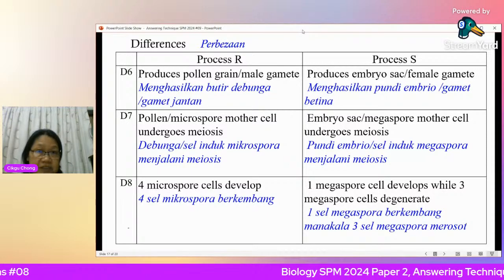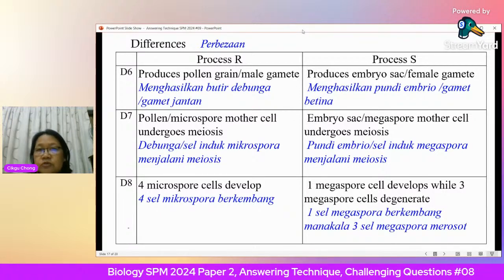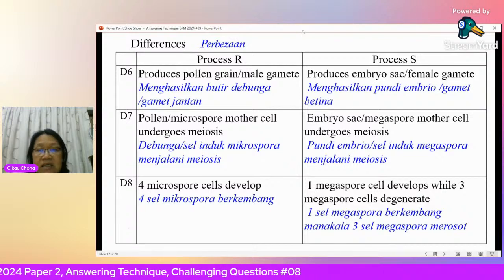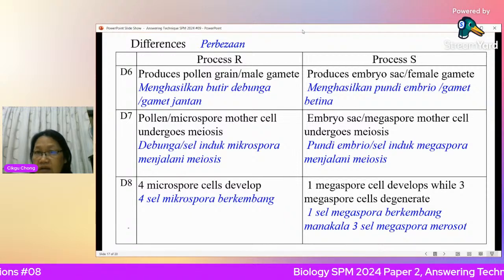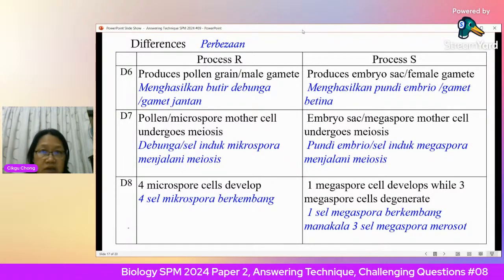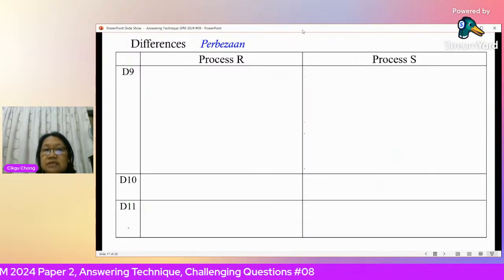So there's a difference between the male and the female. If you forget again, please look through your notes. You have to be very clear. Otherwise, you really can't write. One megaspore cell will develop for the female, while the other 3 megaspore cells will not develop. They will break down. They will degenerate.